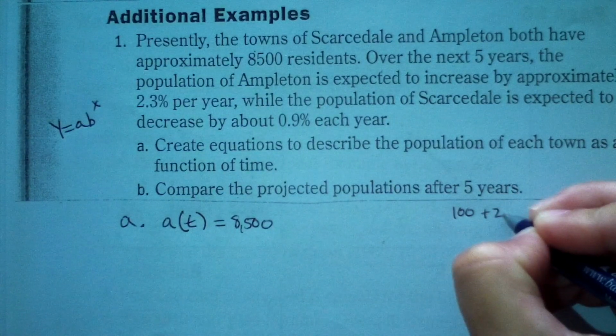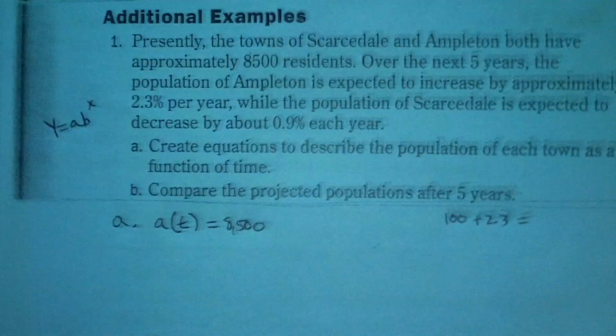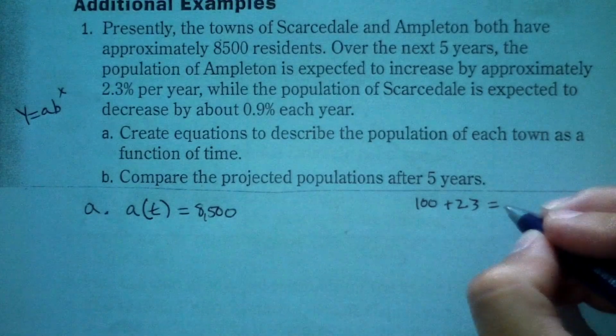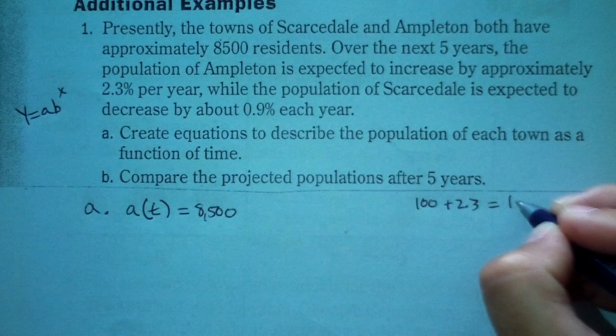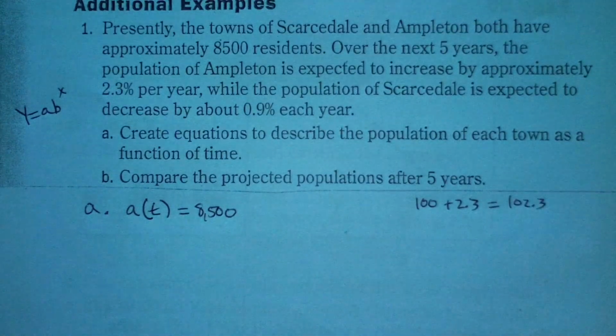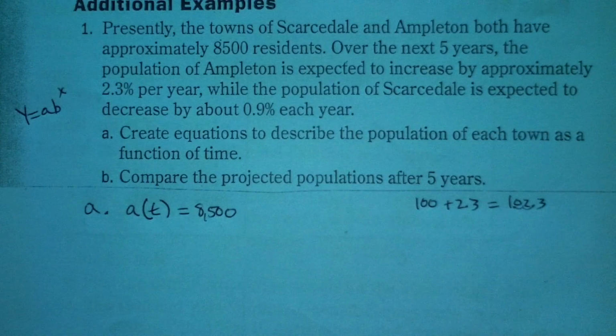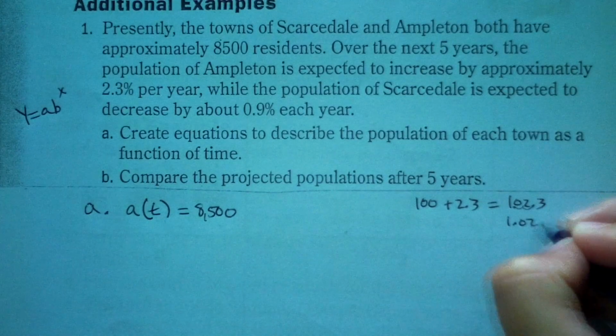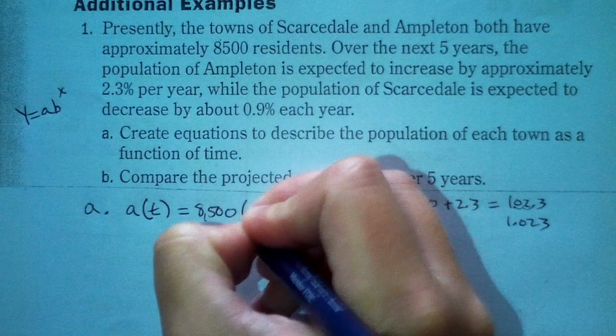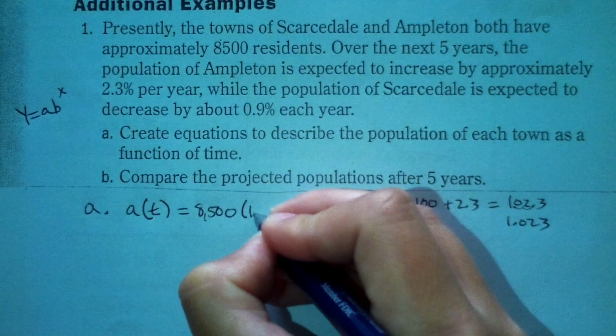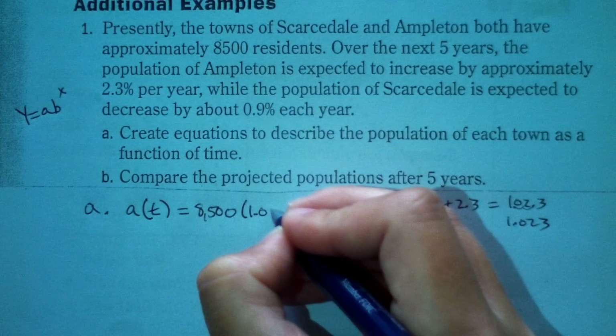So if we go 100 minus that 0.9, we'd get 99.1, go over our 2 places to turn it into a decimal, so 0.991 as our percent there. And again, there's other ways to do that, but we'll go with this because that's what the book's got. Okay, so that's our setup there.